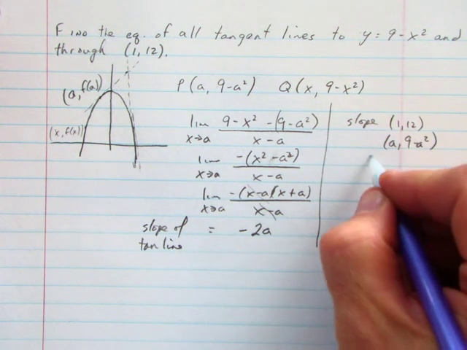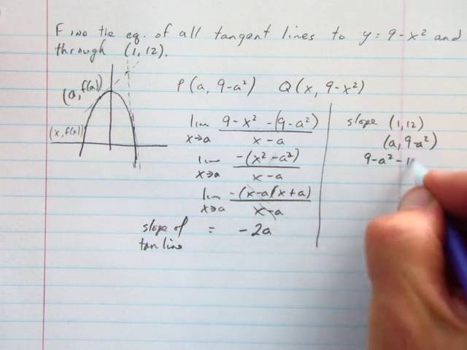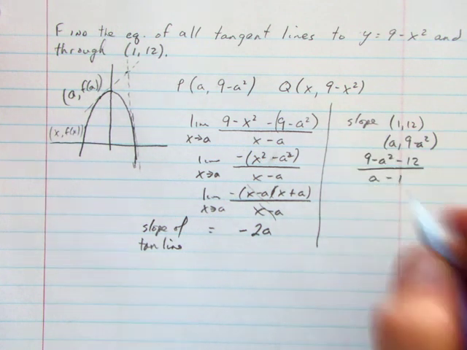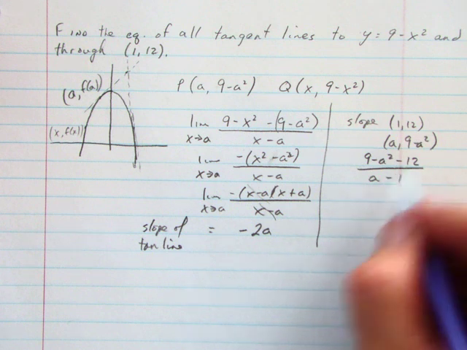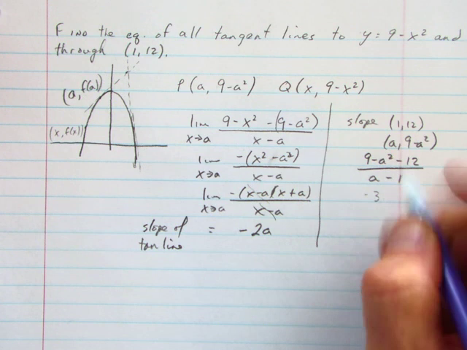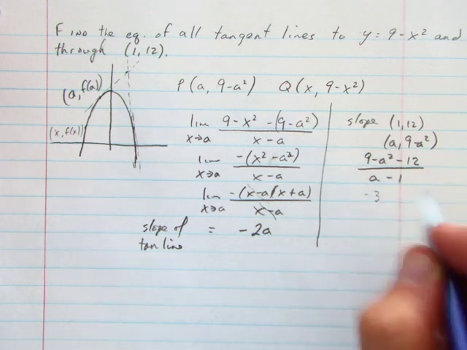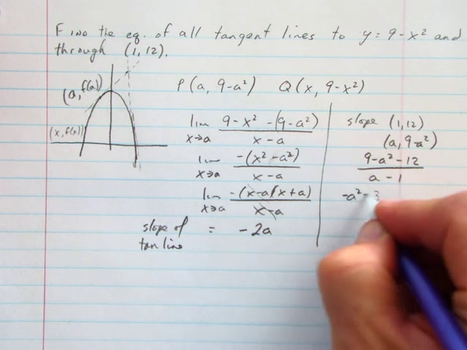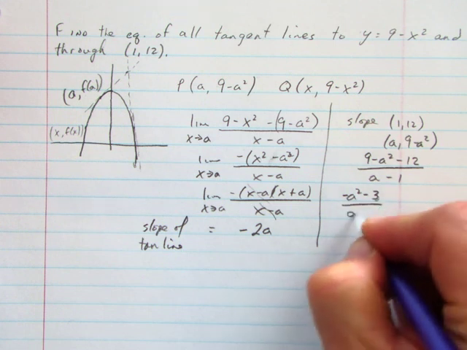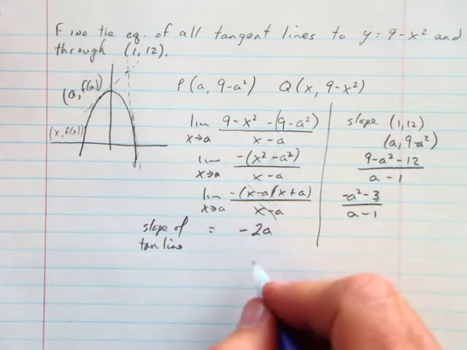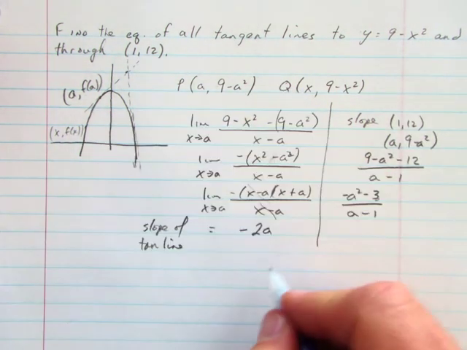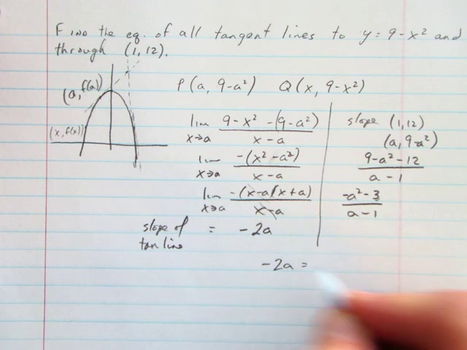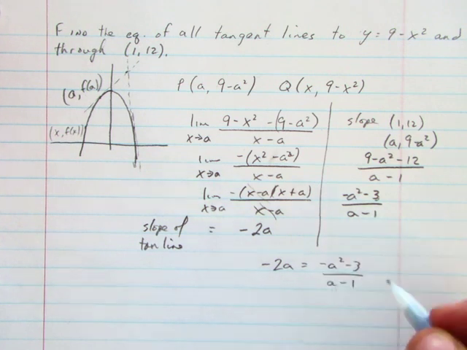So we'll have 9 minus a squared minus 12 divided by a minus 1, which simplifies to negative a squared minus 3 over a minus 1. Now what can I say about those two things? They are still representing the same line. So we have negative 2a equals negative a squared minus 3 over a minus 1.